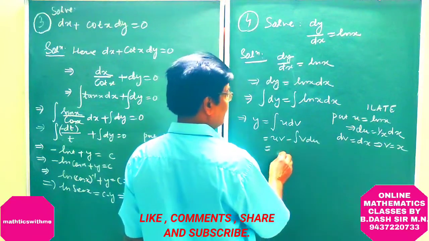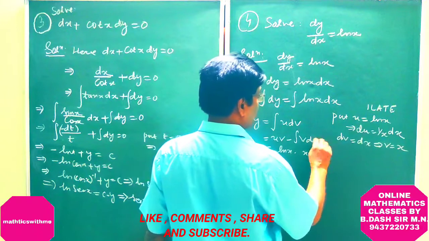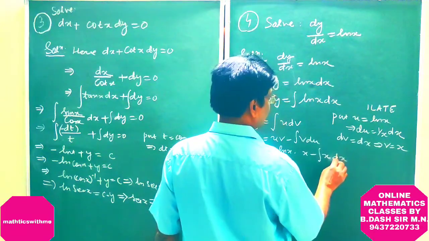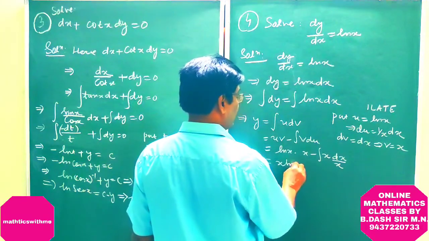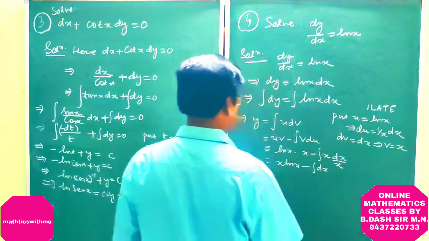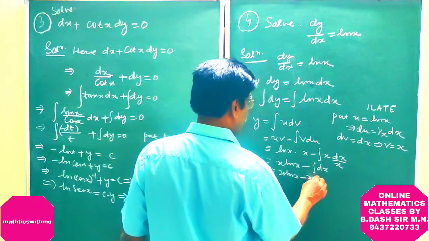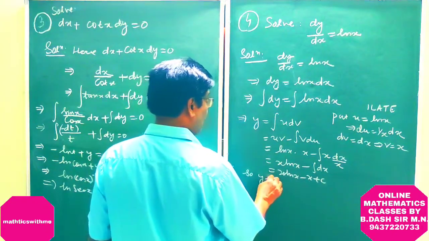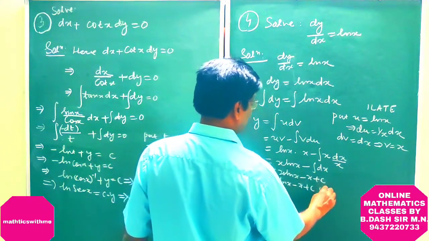So this is ln x into x minus integration of x into 1 by x dx. So this is equal to x ln x minus integration of dx. This is equal to x ln x minus x plus c. So y is equal to x ln x minus x plus c.